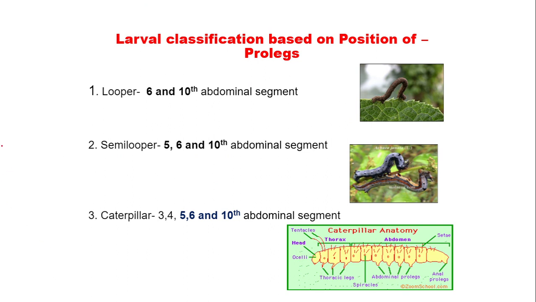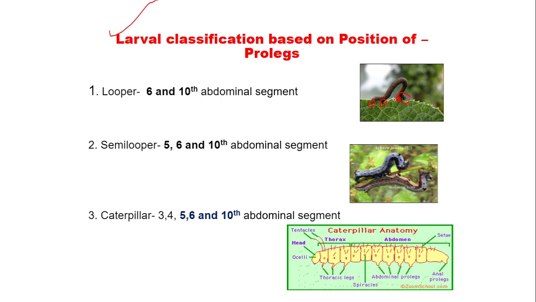Larval classification based on the position of the prolegs. See, this is the insect head and thorax. Generally, the thoracic legs are three pairs. These are commonly present in all insect larvae. But see, in the abdomen, a pair of prolegs is present in the 6th and 10th abdominal segments.